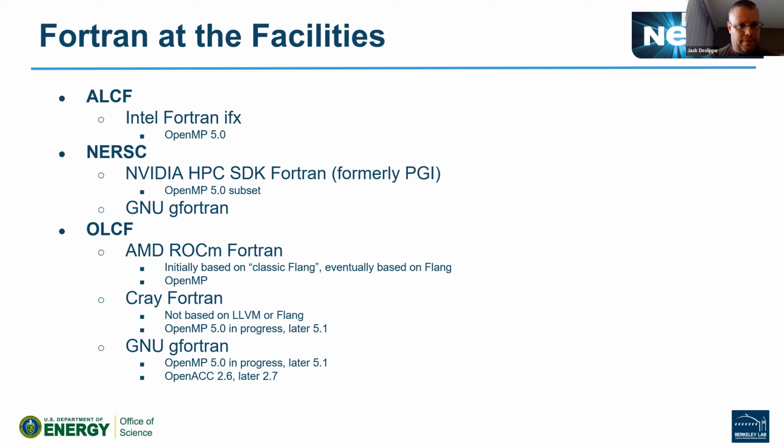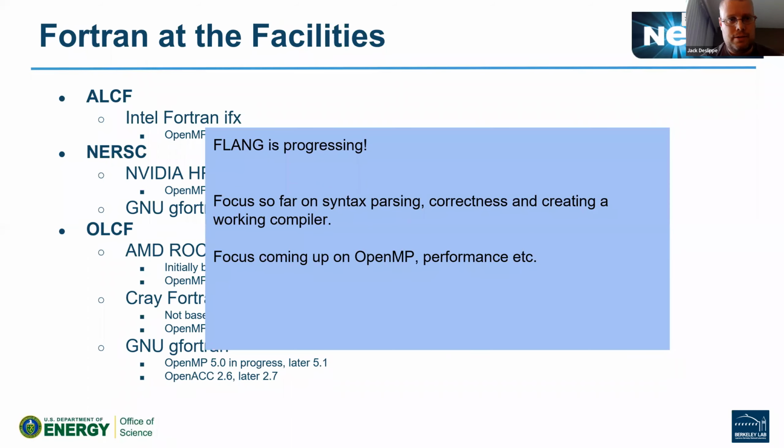And at OLCF, you have a few choices, including AMD's ROCm Fortran, as well as Cray and GNU Fortran. As Flang evolves, I believe Flang will be available at all three of these facilities over the course of the next couple of years. Next slide.